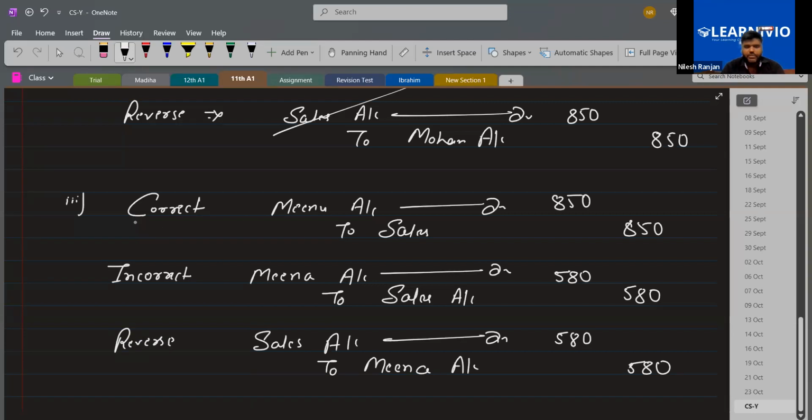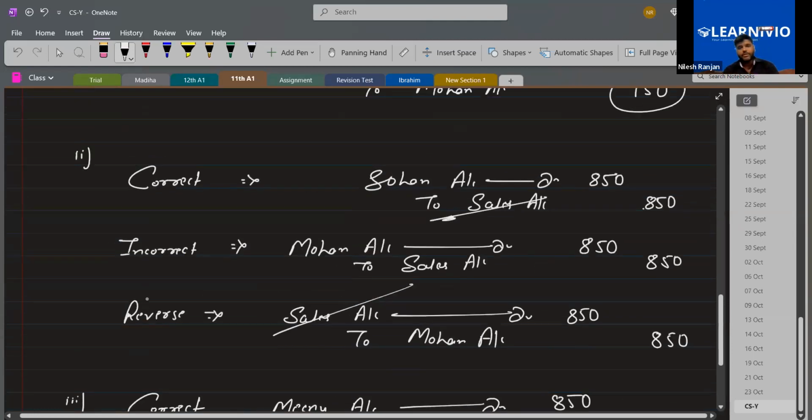Now you have to merge the correct and reverse entries. So what will be the rectification entry? You both have to tell me. Sir, entries on different sides cannot be cancelled, right? Like sales account on debit in one and credit in the other, we can't cancel like that, right? No, we cancel the same thing.